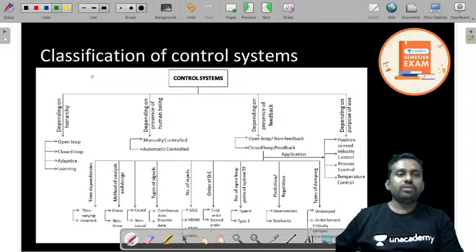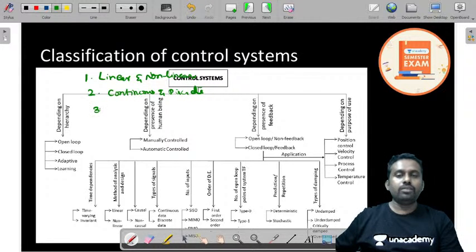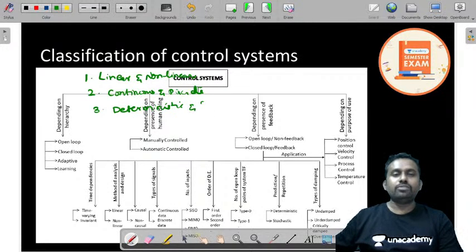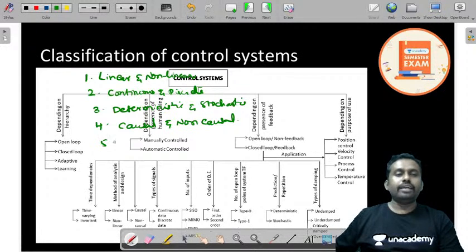So majority of the times you will classify them as linear and non-linear control systems, continuous and discrete control systems, deterministic and stochastic control systems, causal and non-causal control systems, and open loop and closed loop control systems.